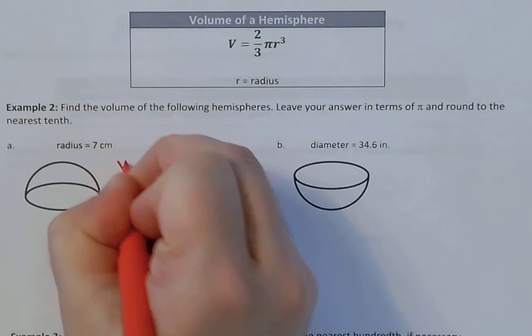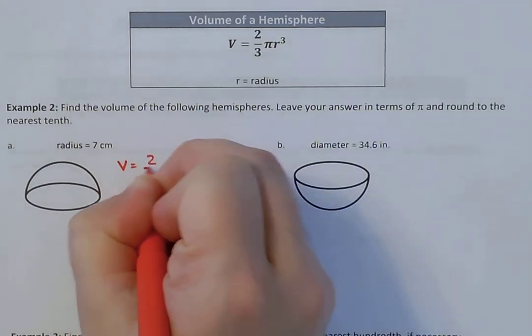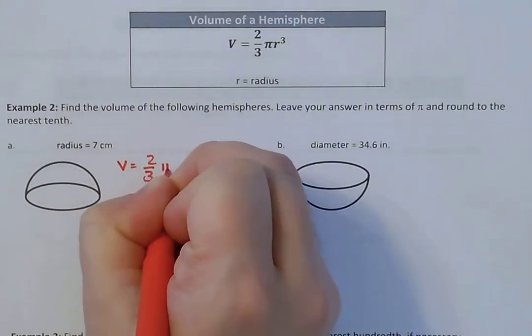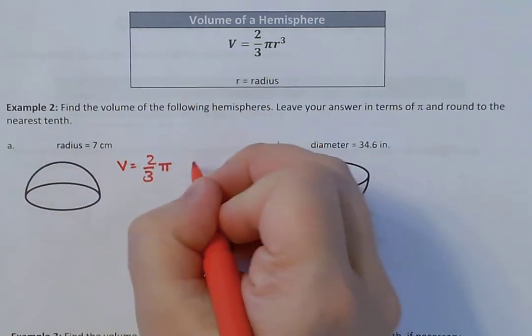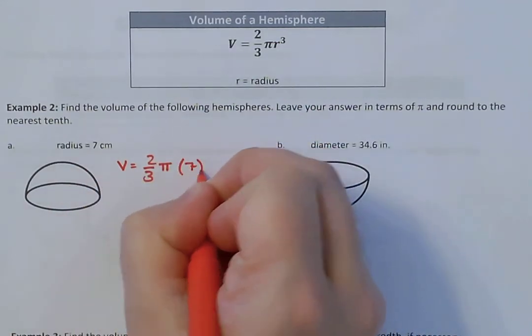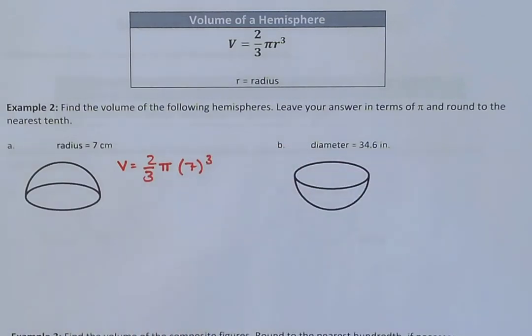So that's V equals 2/3 pi r cubed. And we know our radius to be 7, so it's going to be 7 cubed. So once you have that all plugged in, all you have to do is go through and calculate it, much like we did in example 1.